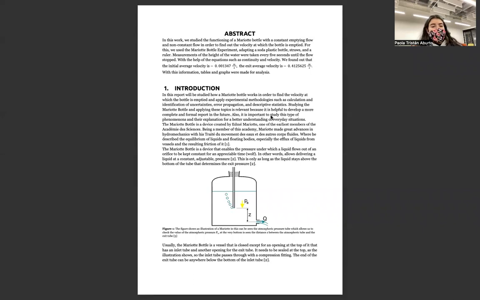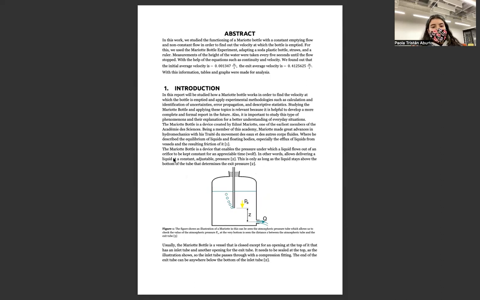It is also important to study this type of phenomena and their explanations so we can have a better understanding of these everyday situations, and also for applying these kinds of problems for solving them in the future or in professional life.